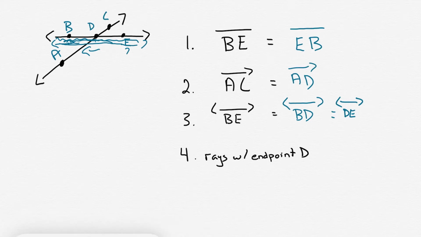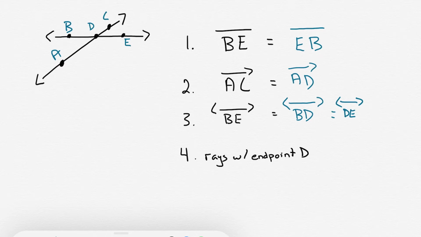Let me go ahead and clean up some of these lines so you can see the letters. All right. So you can see how B and D, like I said, are going to go on forever. They're a line. So BD is on the same line as DE, which is on the same line as BE.